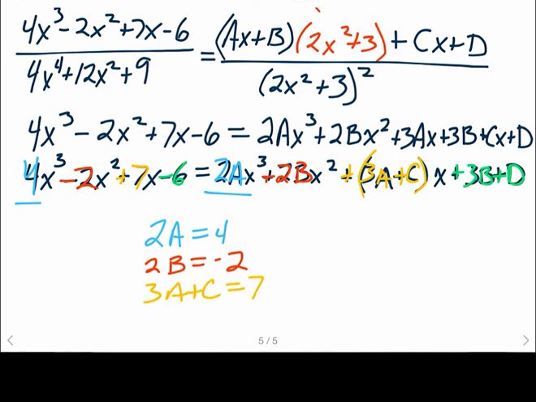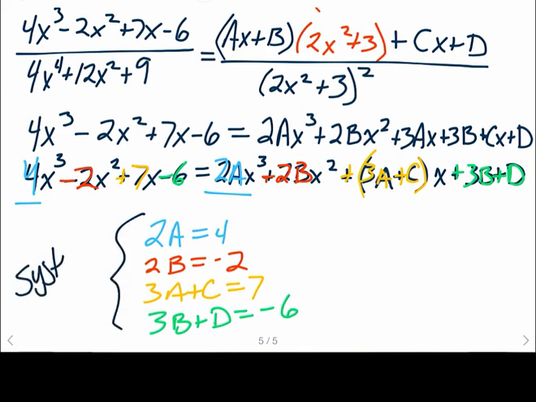That's equating the coefficients of x. And 3b plus d is equal to negative 6. And those are the constant terms that have no variable x. And this is the system that we will solve to do this.